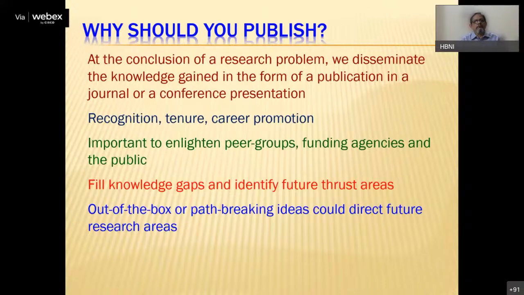Then also, if your research happens to be totally out of the box or comprising path-breaking ideas, then this could even direct future research areas, and you may even get further recognition due to this reason.